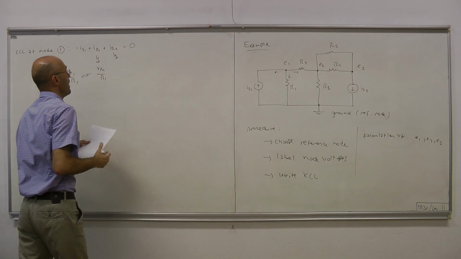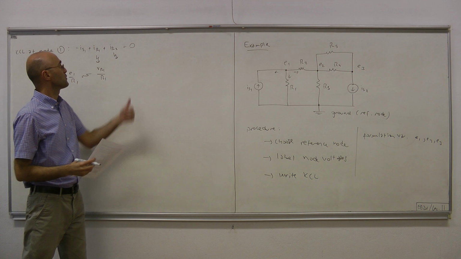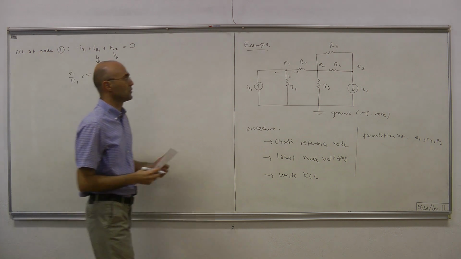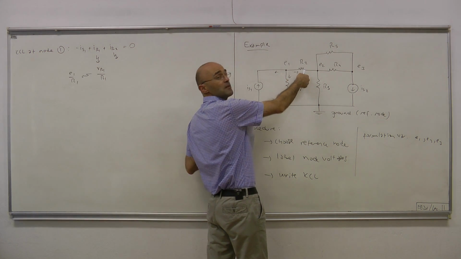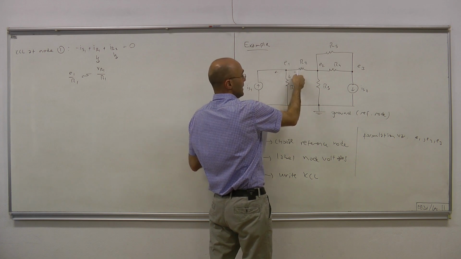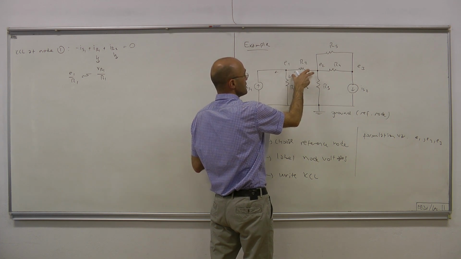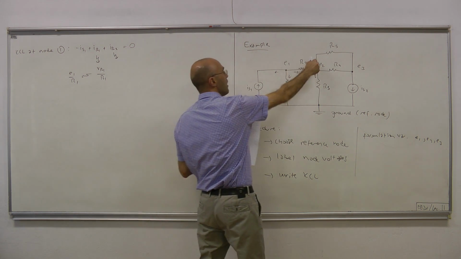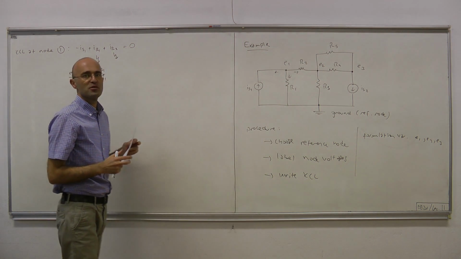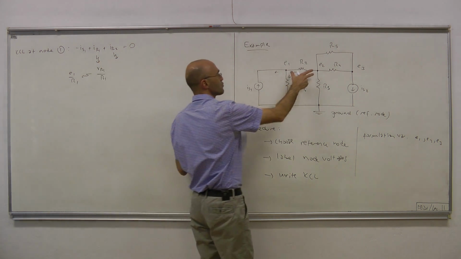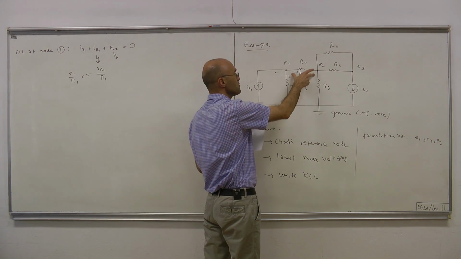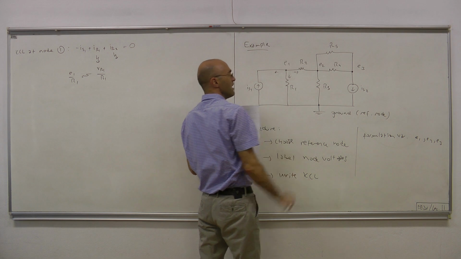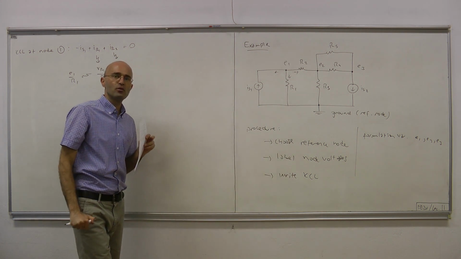Likewise, IR2, we want to express it in terms of known voltages. This current is IR2, how we labeled it. Now, IR2 equals this voltage, plus minus, let's call it VR2, VR2 over R2, by Ohm's law. And VR2 is this branch voltage, and this branch is between node 1 and node 2, therefore we can simply express it in terms of node voltages.